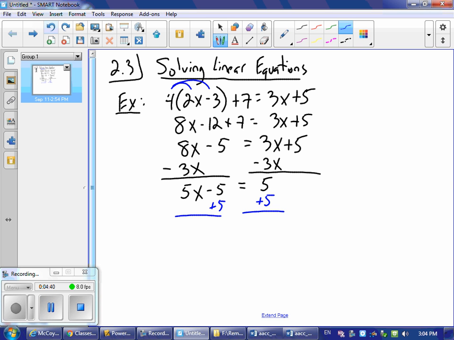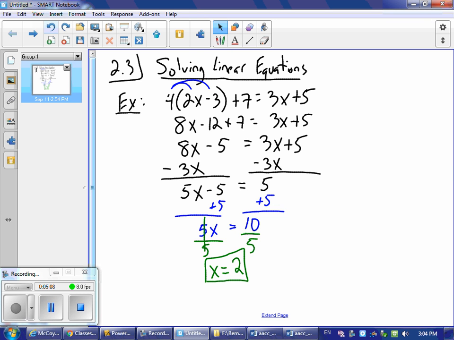When I add 5, I'm going to get 5x plus 0, which is 5x, equals 10. And then to finish solving, we're going to divide, because that's 5 times x, so now we're going to divide both sides by 5. 5 divided by 5 is 1, so that gives me x. 10 divided by 5 is 2. X equals 2 is the solution to that linear equation.